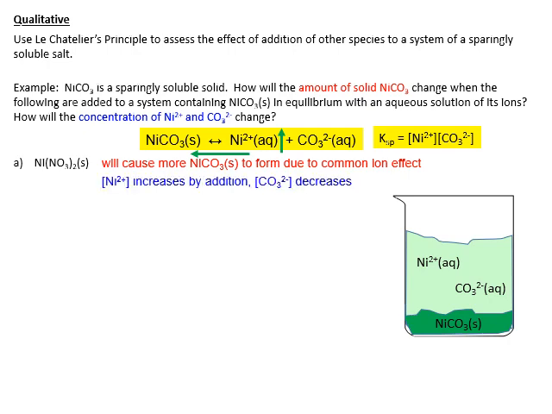The concentration of nickel ions is increased by the addition, but the concentration of carbonate ions is actually decreased by the backward shift in the reaction. Remember that the value of Ksp is a constant, so if the concentration of nickel ions increases, the concentration of carbonate ions has to decrease to maintain equilibrium.